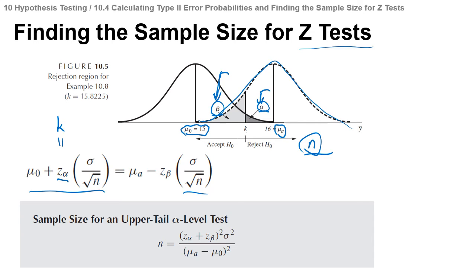They are the same. These are k. So you can solve it with respect to n, and you can derive this equation for the sample size for an upper-tail alpha level test.